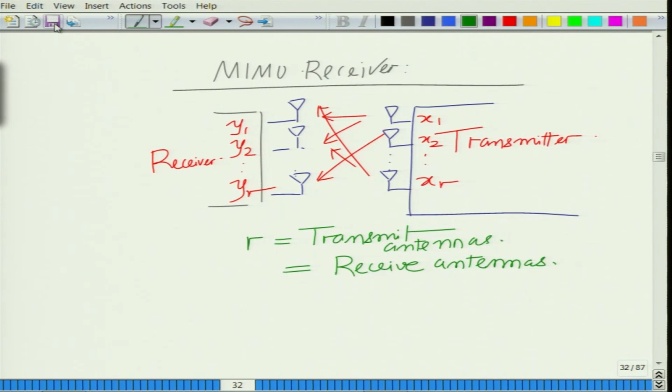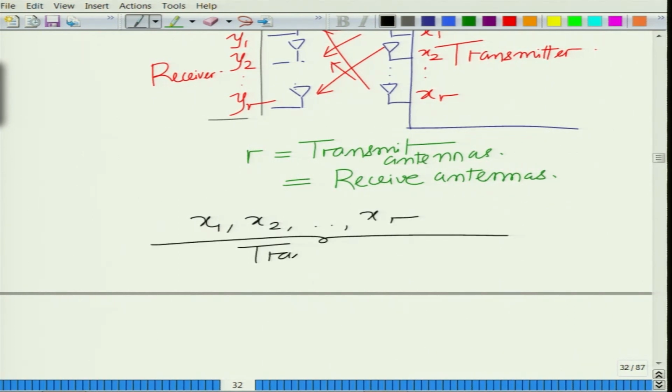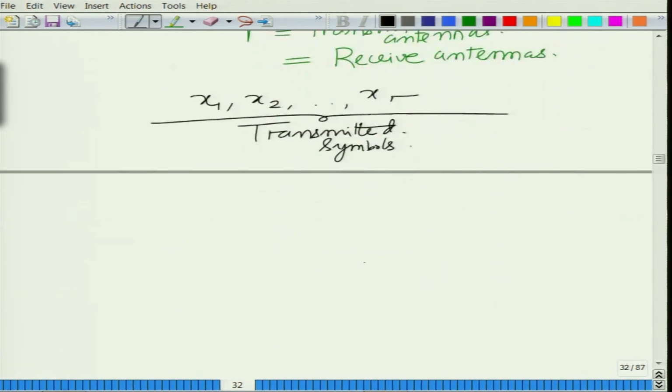We will see what happens if they are not equal later, right. So, we are considering a system with number of transmit antennas R, number of receive antennas R. So, it becomes a square channel, right. And these are basically the transmitted symbols x1, x2, xR. And y1, y2, yR, these are the received symbols.